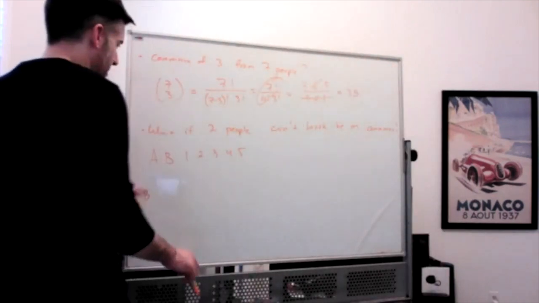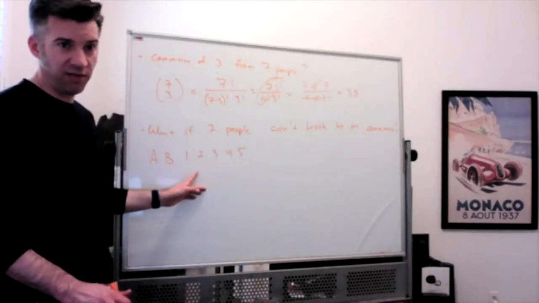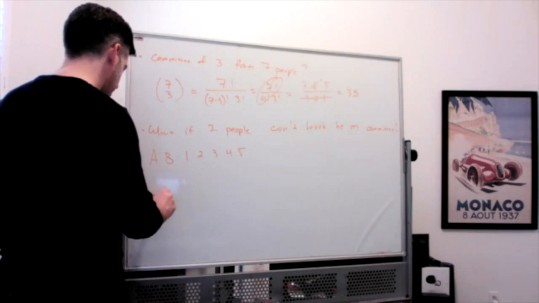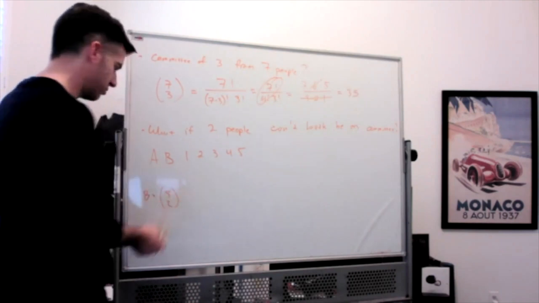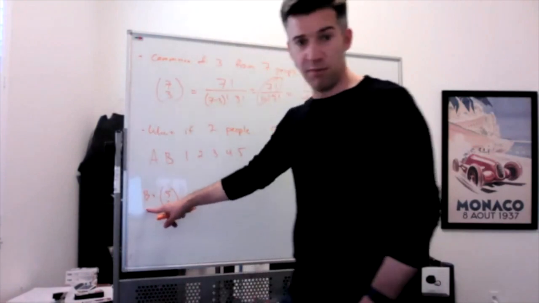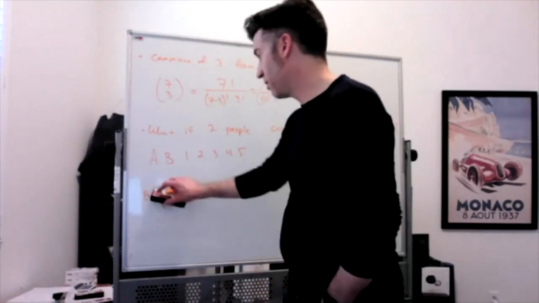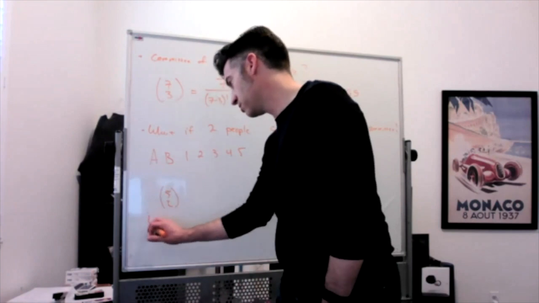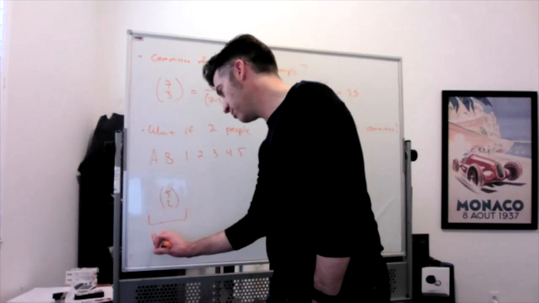So how many ways are there of choosing 2 people out of 5 people? There's 5 choose 2. I don't really need the B there, right? So there's 5 choose 2 committees that have B on them.